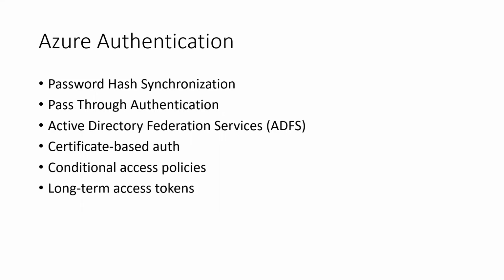Okay, so now we're gonna do a little bit of a survey of Azure Authentication. This is the identity management piece of Azure AD. There are some different ways of configuring it. You can do password hash synchronization, which is with your local Windows domain environment.